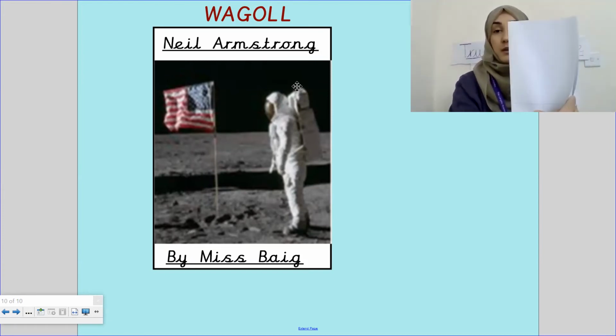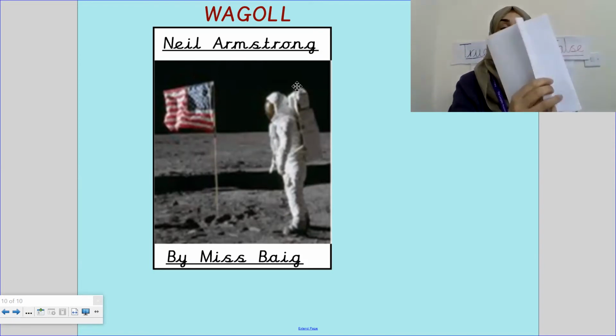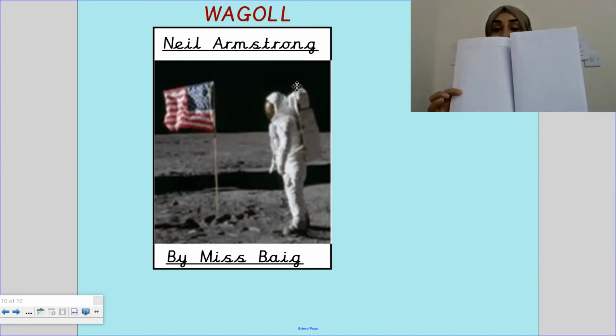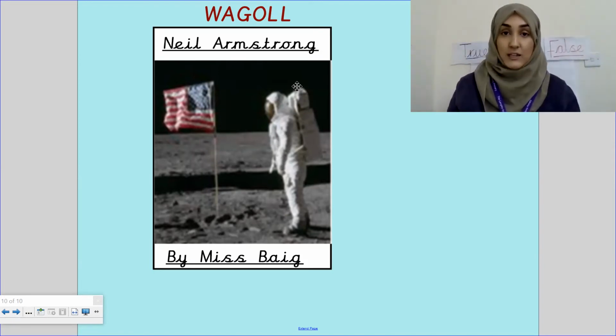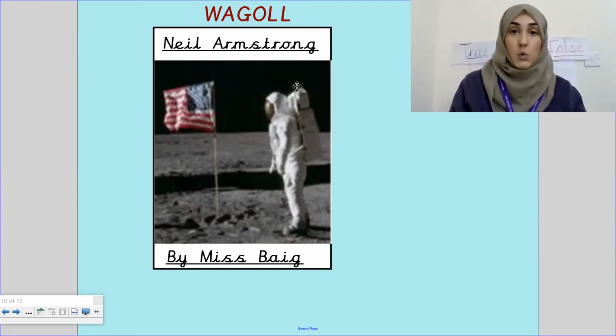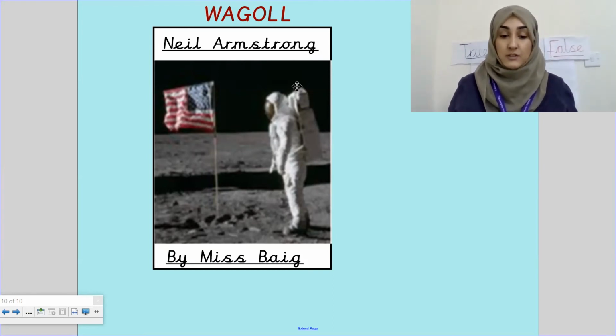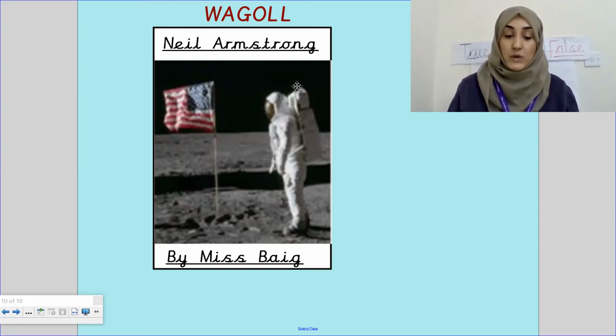Your book will open from right to left like this. Same thing for challenge 2 and 3. Use a stapler or sellotape, and if you don't have any of those things, that's absolutely fine because you're going to number your pages. So even if they do get a bit muddled up, you can always order it back from 1 and going further on.